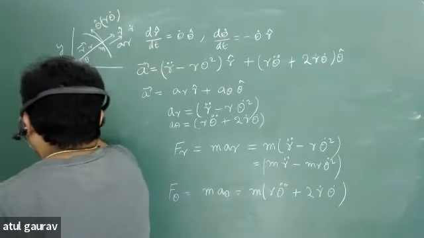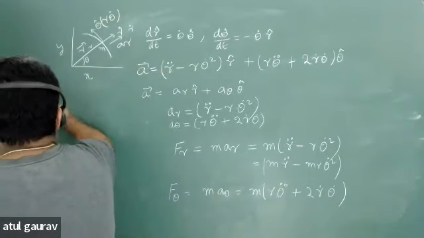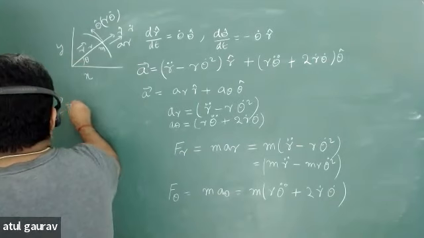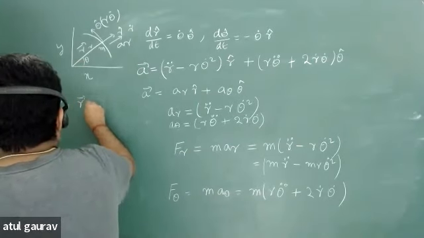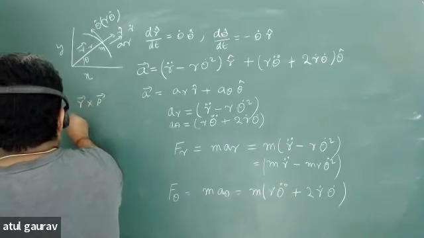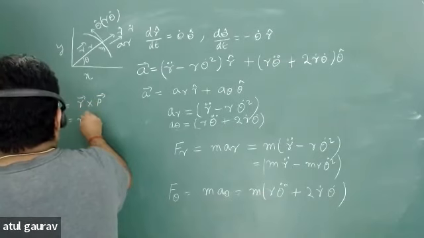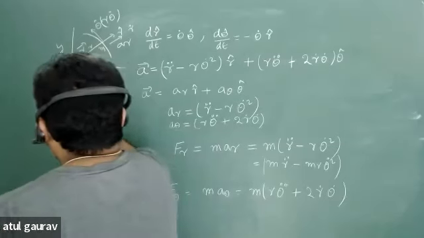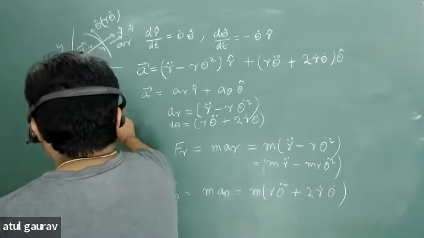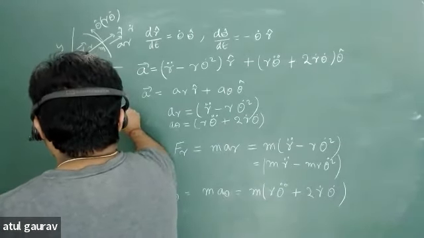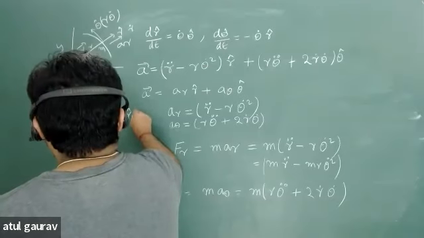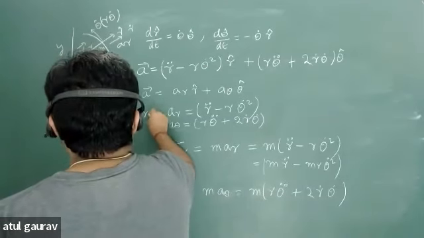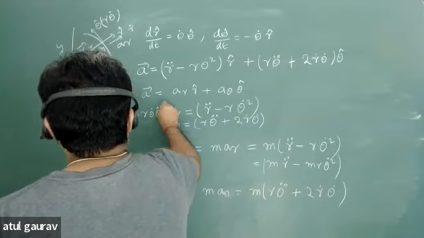So angular momentum L is r cross p. R can be written as r times r cap, and p can be written as m times v, that is m times r dot r cap plus r theta dot theta cap.